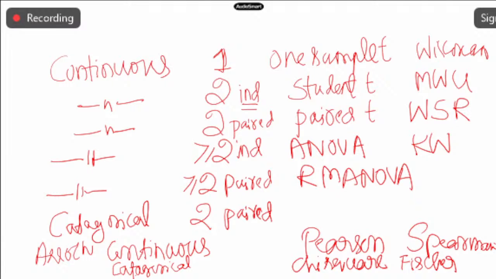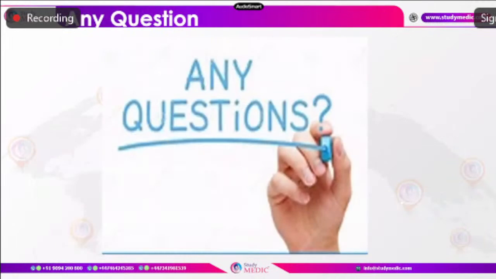So these are the different tests that we select based on the objective, the type of the variable, and whether it is normally distributed or not. Right. So this is the summary of what we have discussed today.